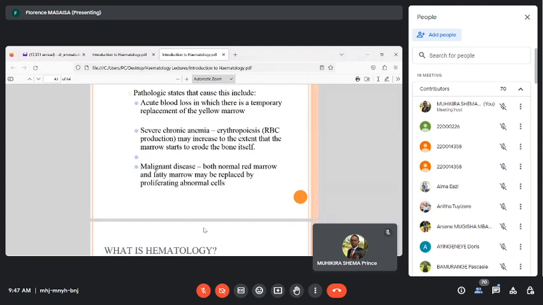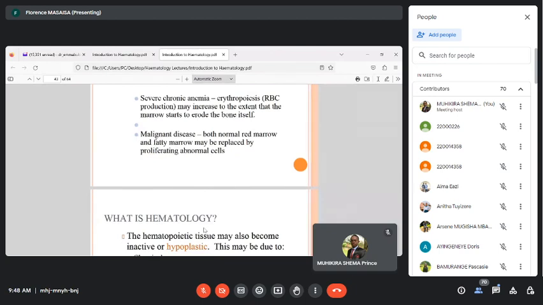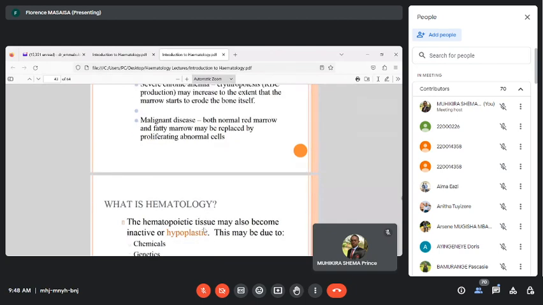So all the bone marrow, including the yellow one and the red one, will be in hyperproduction. Those are the hyperplastic conditions that make the bone marrow overproduce cells.